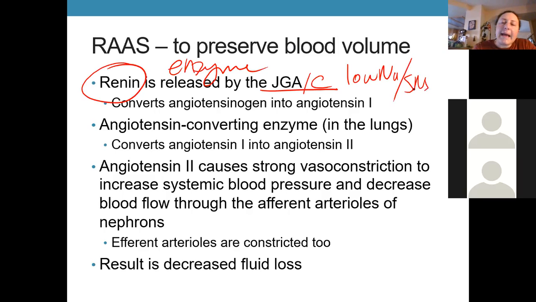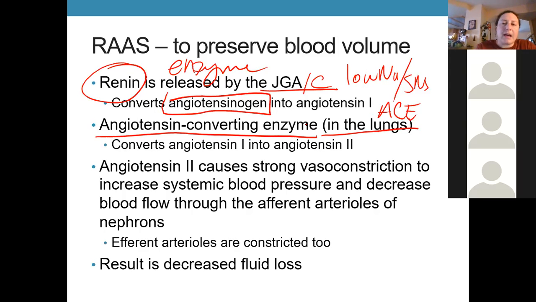Okay, so it activates angiotensin, which is already circulating in an inactive form in the blood. Angiotensin needs a second conversion before it's fully active. So it has to circulate through the lungs and get fully activated by angiotensin converting enzyme. This is also called ACE.